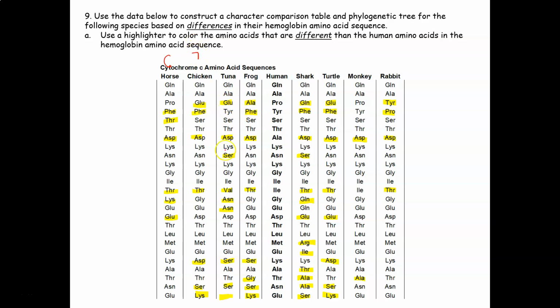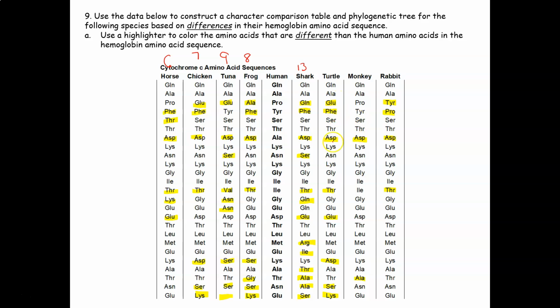Tuna, 8. And this one actually is one as well, the blank there, so 9. Frogs, 8. Sharks, 13.